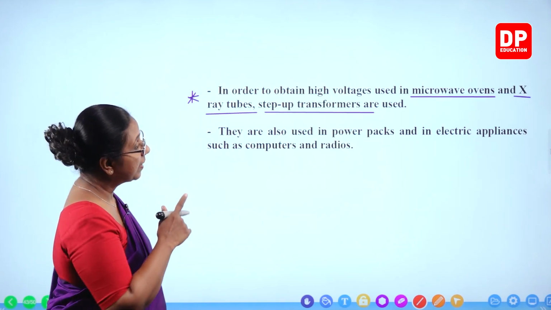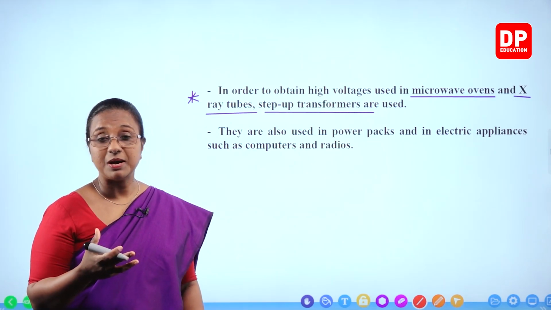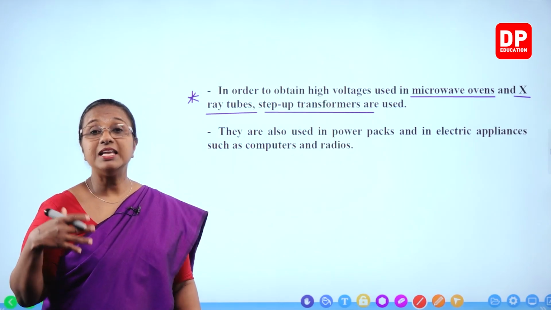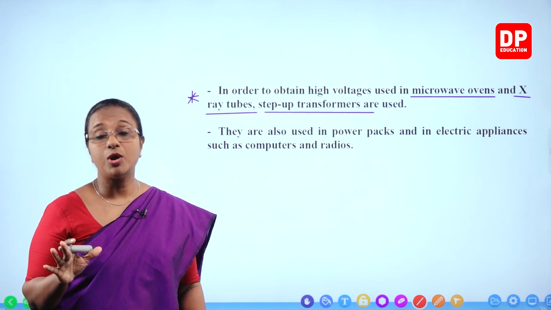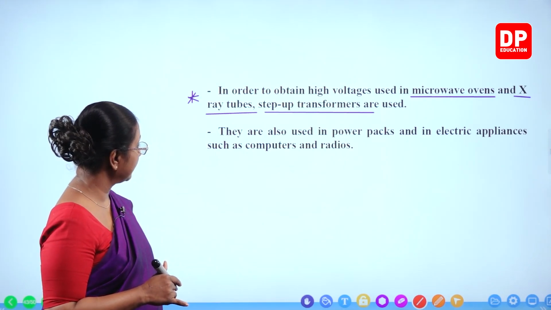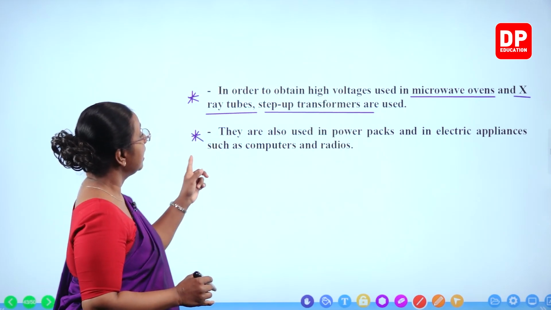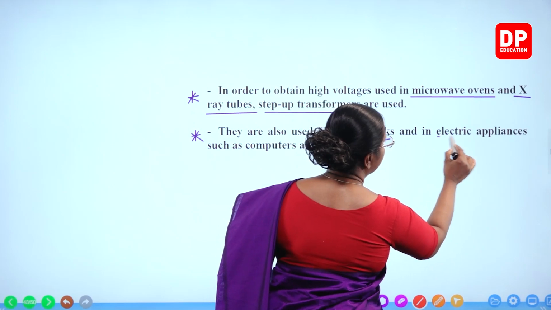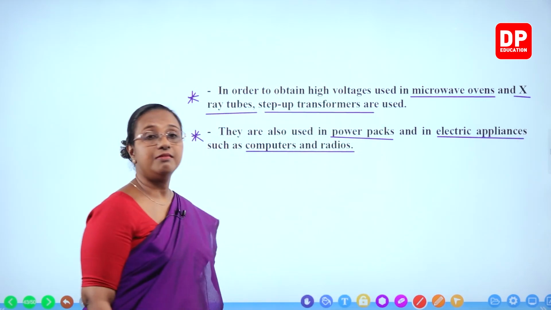Now, you all know microwaves are generated within the microwave oven, and in X-ray tubes high energy X-rays are produced. So for that, we need high voltages. You have to understand that. And another application, they are also used in power packs and in electric appliances such as computers and radios.